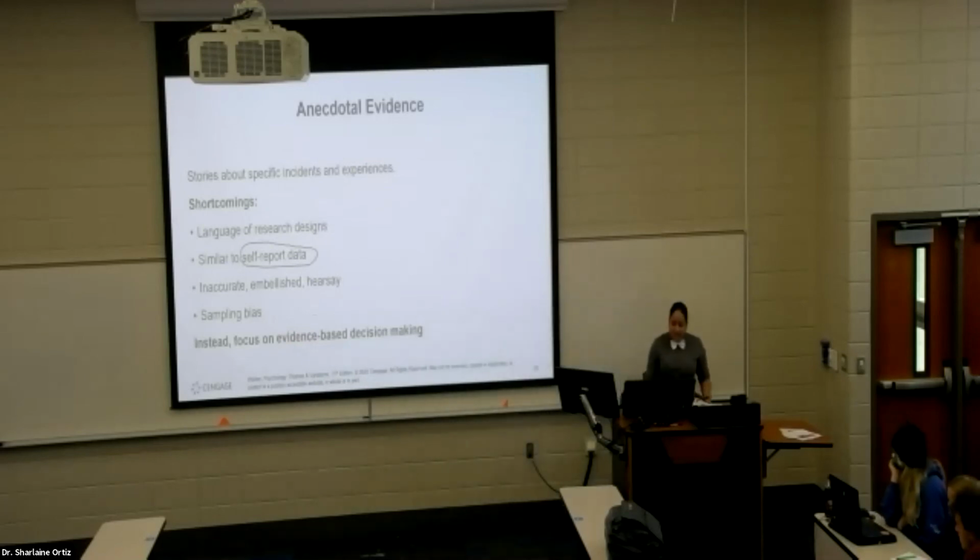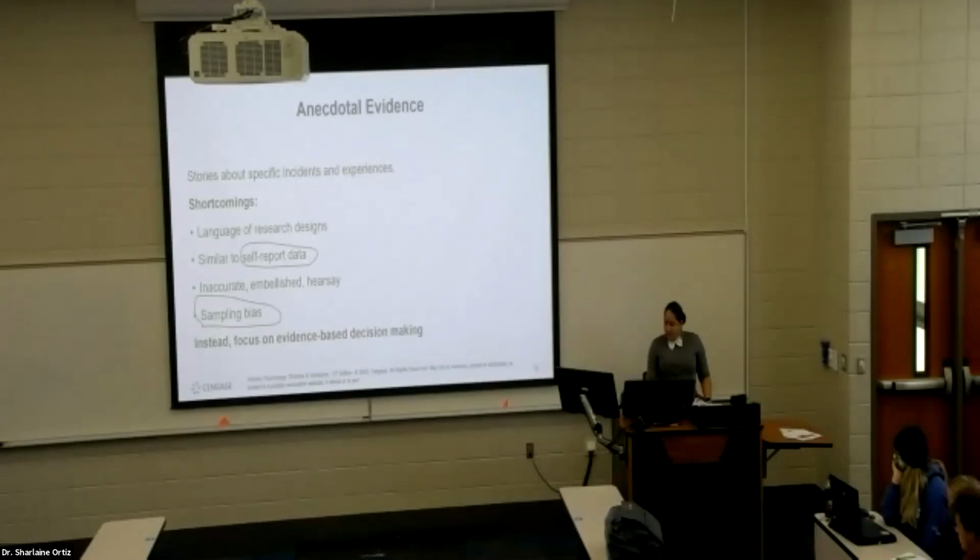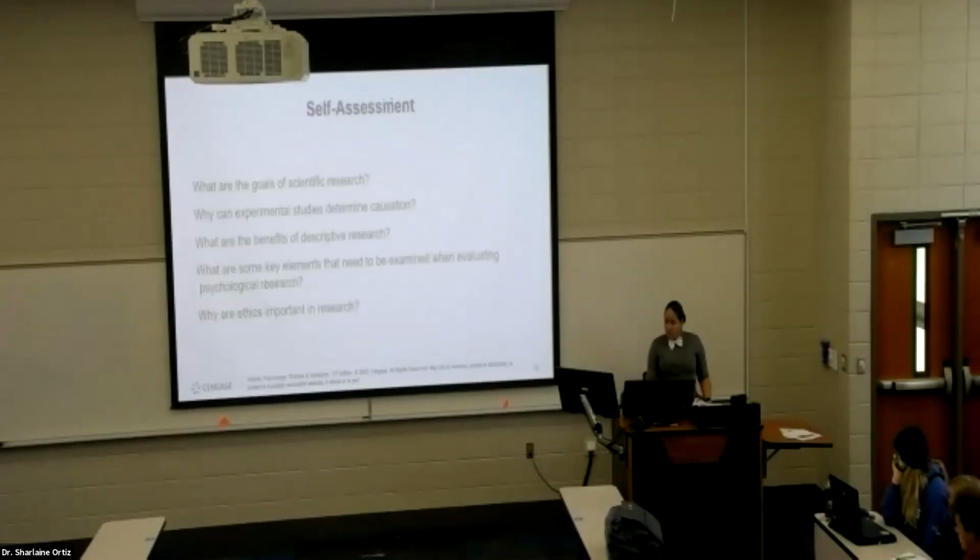And of course, it can have sampling bias. You actually see that a lot with racism. What do I mean by that? Well, some people would base their whole experience on just one person, right?